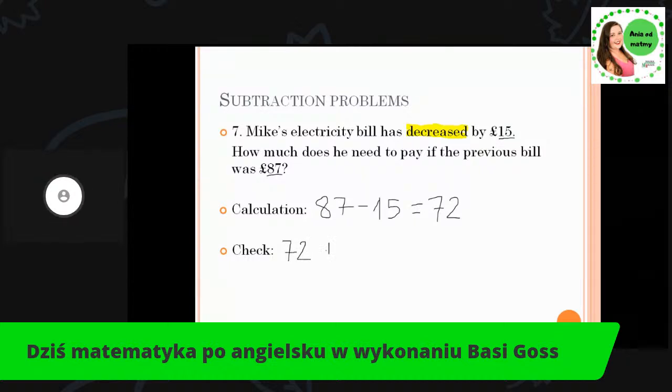So 72 plus 15 is 87. And I'm waiting for beautiful sentences from you. Can you please write, what sentence can we use to answer this problem?